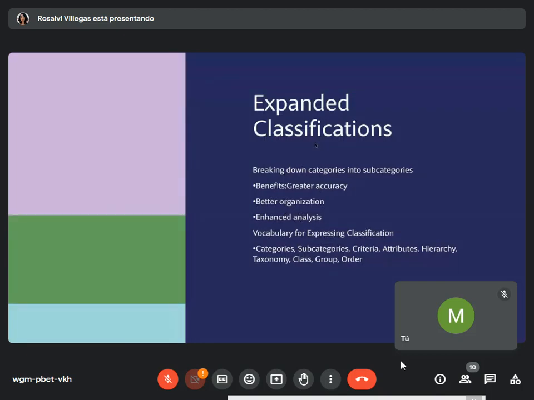Also, we can have expanded classifications, which means that once we have a category, we can divide it into subcategories. This has multiple benefits such as greater accuracy, better organization, and enhanced analysis, right?